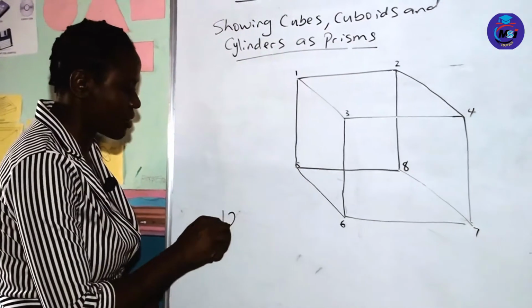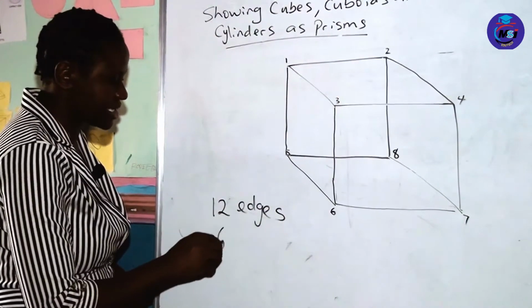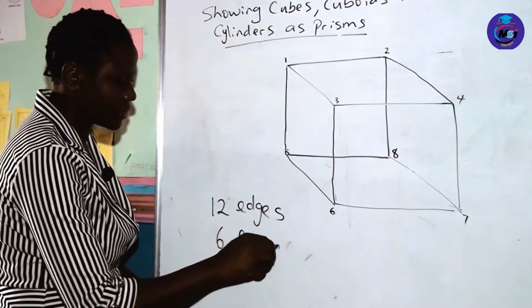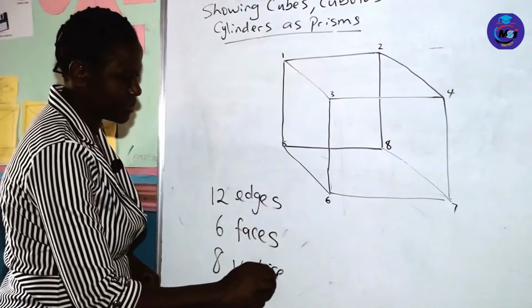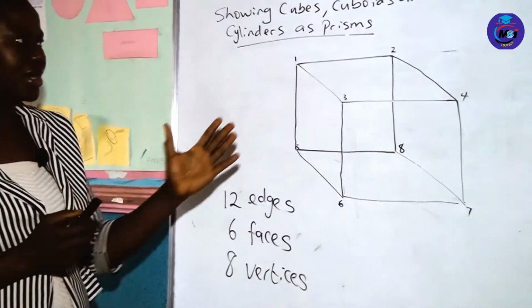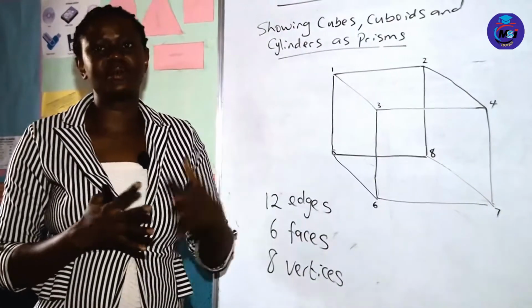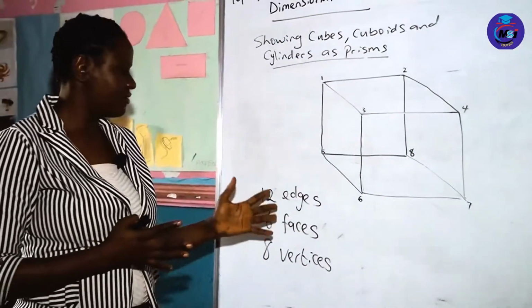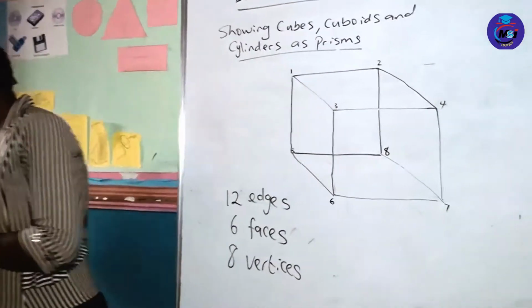We're able to recognize 12 edges, 6 faces, and 8 vertices. Please try drawing a big cube in your exercise book and try to count out these edges, vertices, and faces. It will be fun.